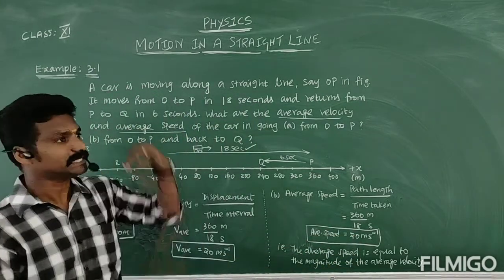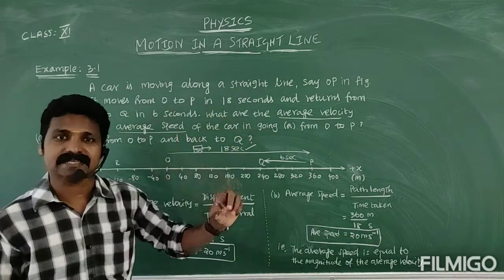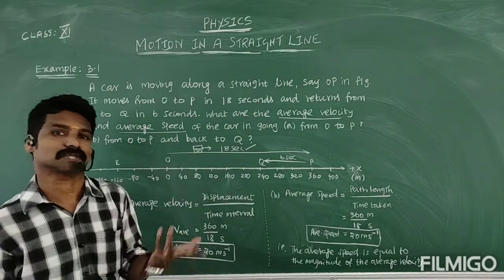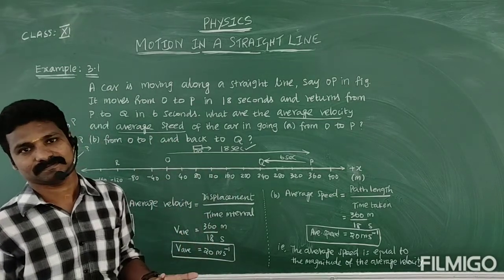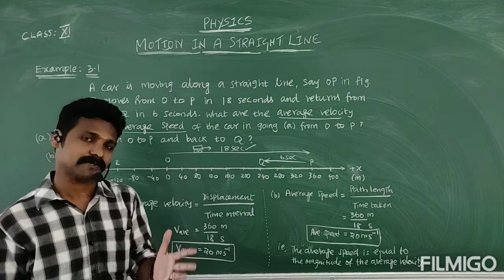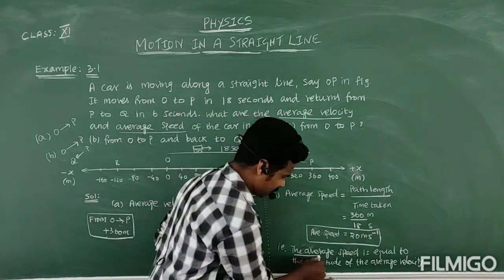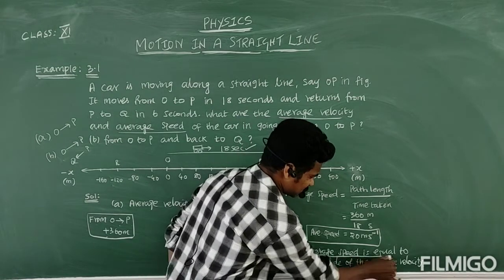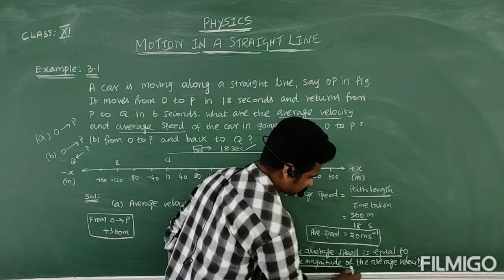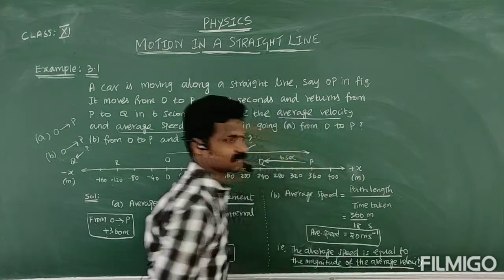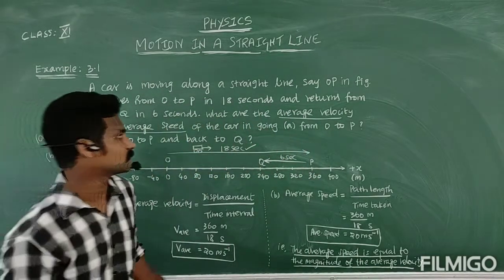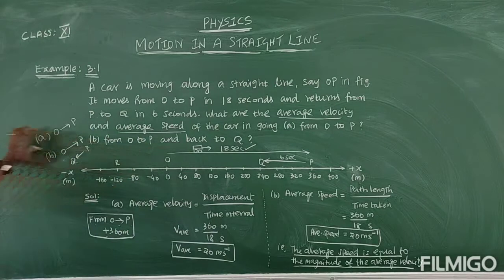So in a straight line, the average speed is equal to the magnitude of the average velocity. Now that question A is over.